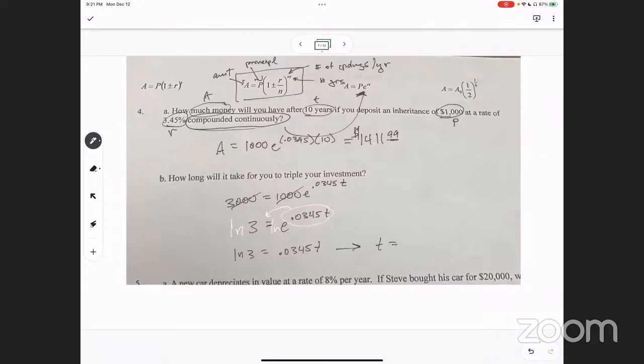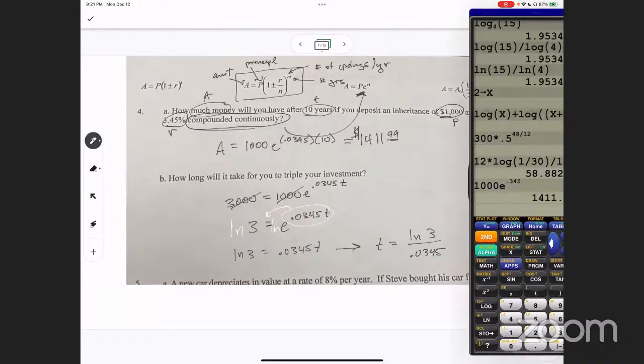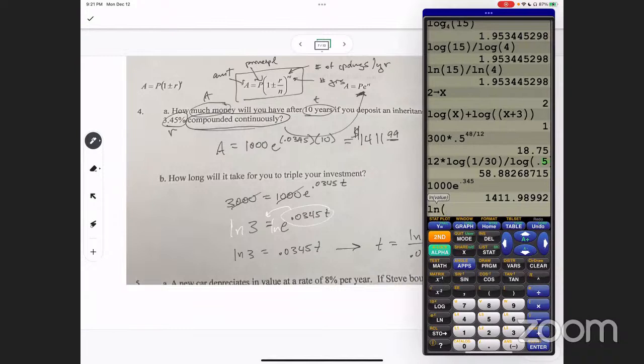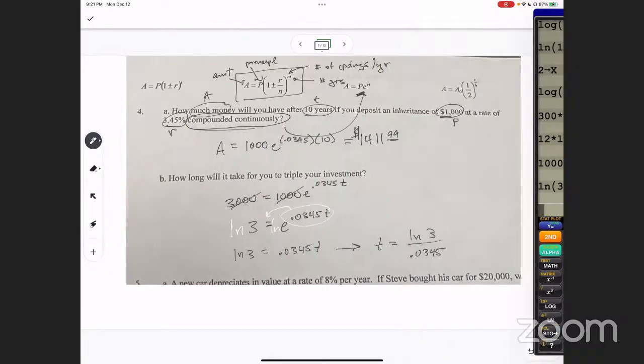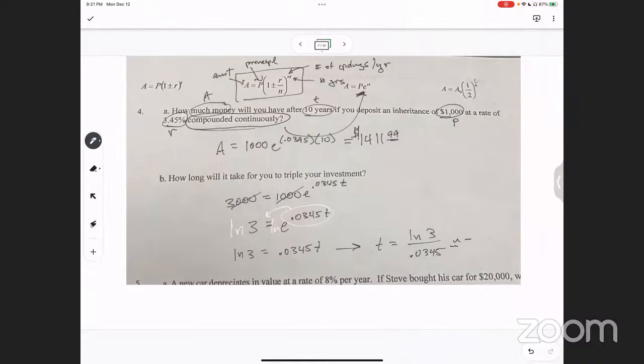So t equals the natural log of 3 all over 0.0345. In my calculator, natural log of 3, be careful to close off the parentheses, divided by 0.0345, 31.84. That's how many years you would need to leave it in there until it tripled in value.